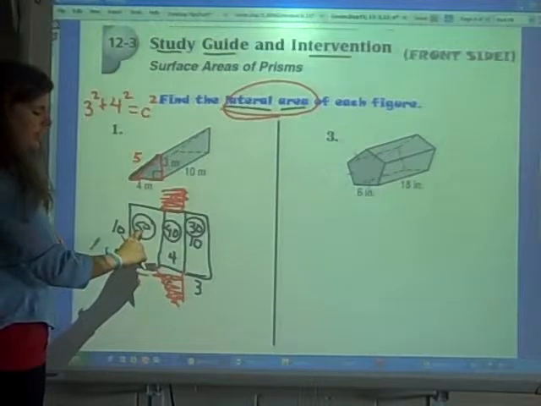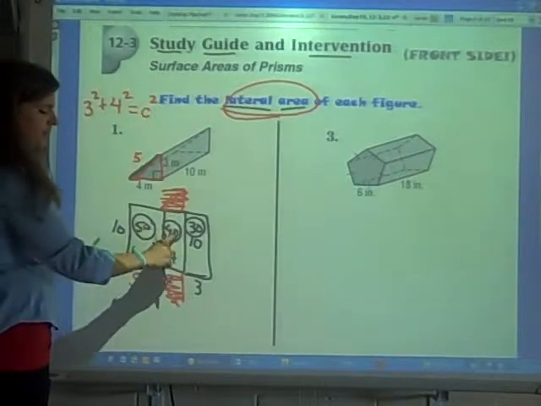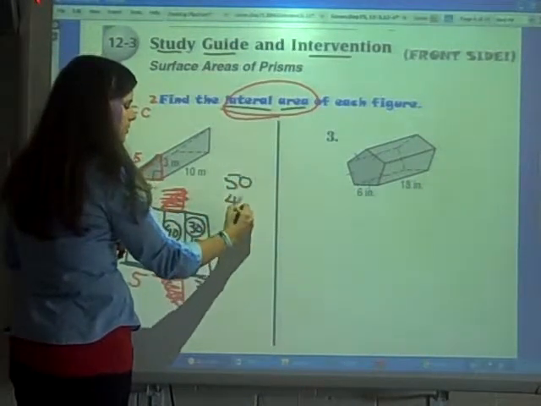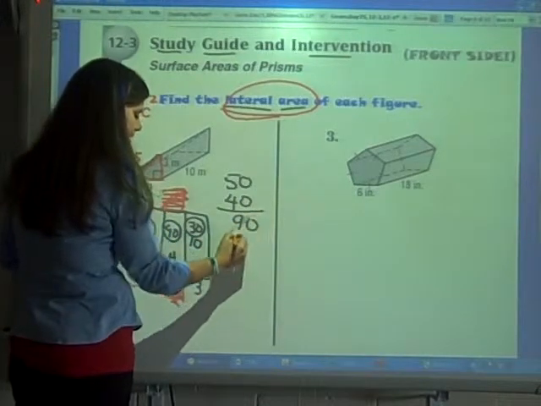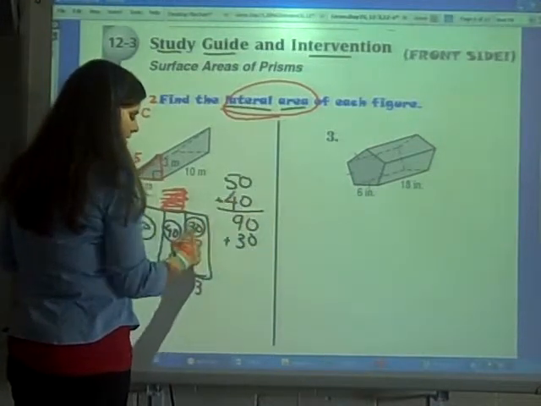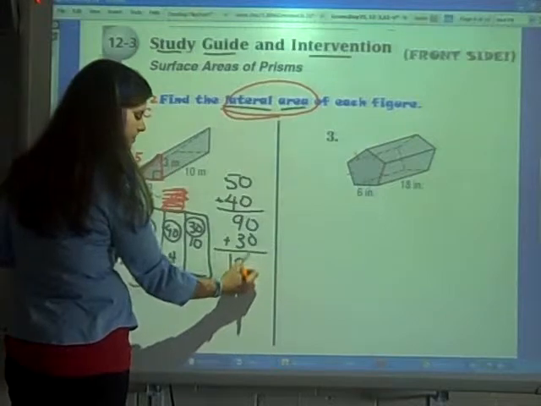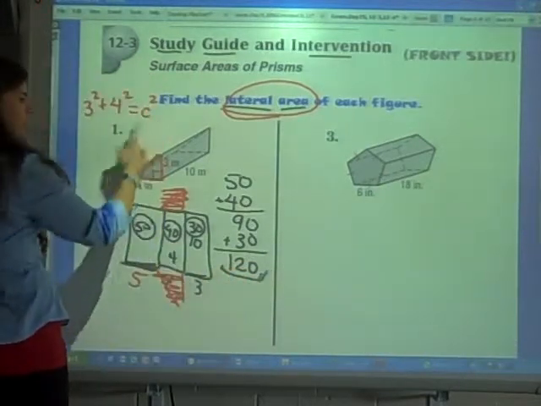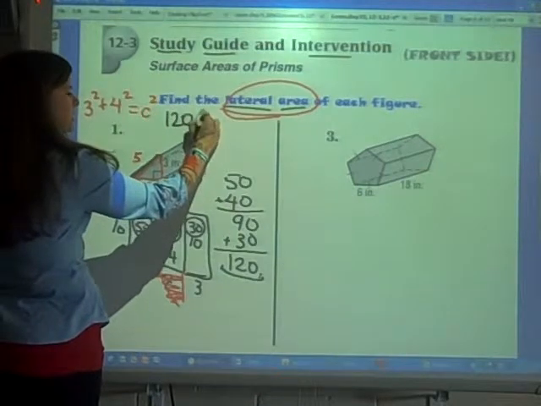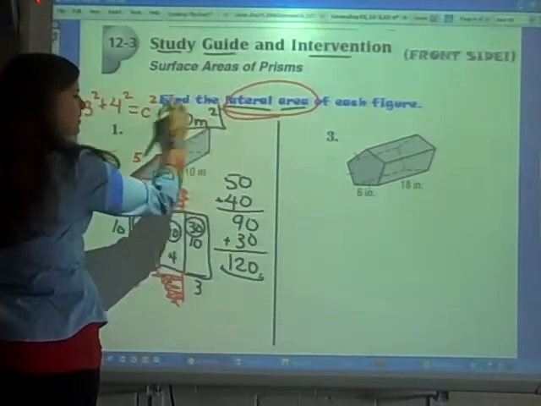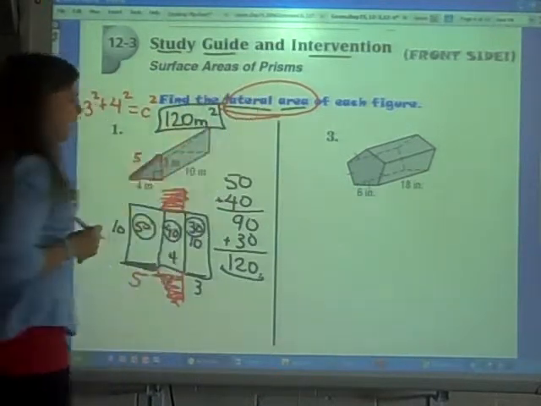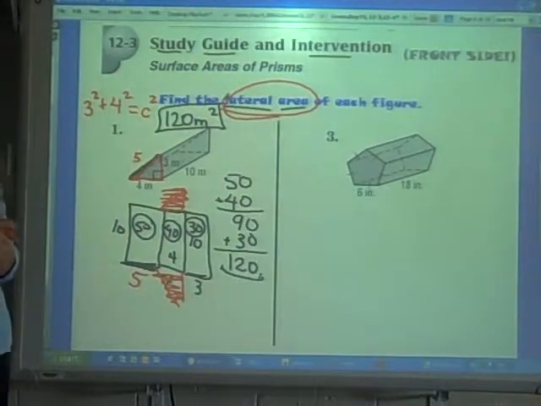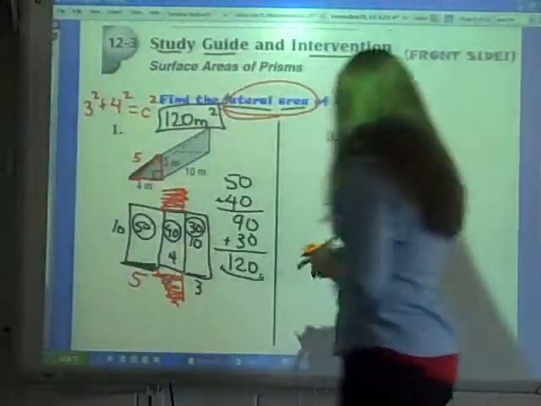Lateral area, let's add them all together. 50 plus 40 is 90. And then add that third one, 30. 120. Your answer for number 1 is 120 meters squared for the lateral area of this prism.